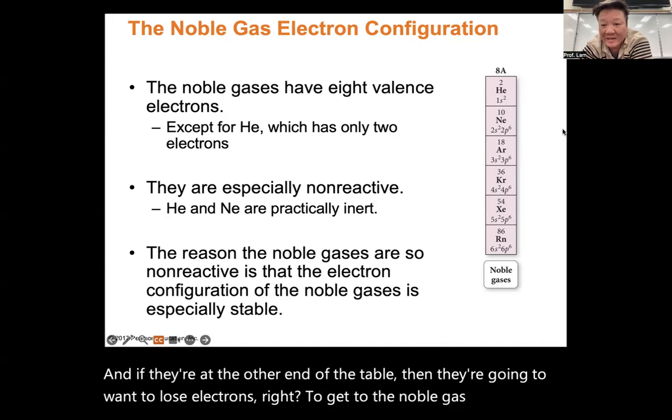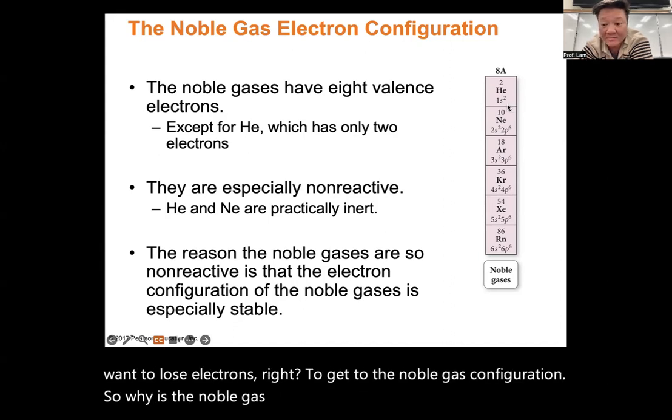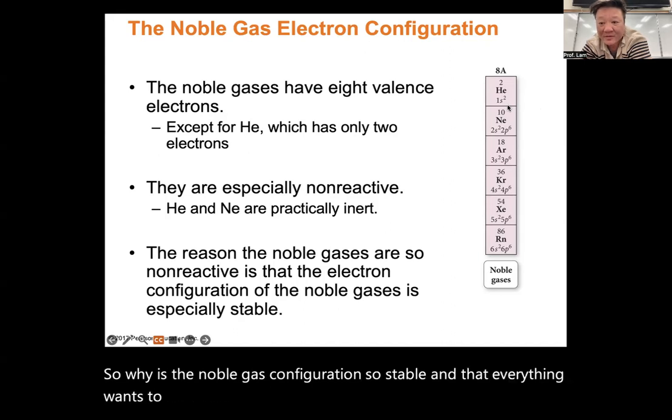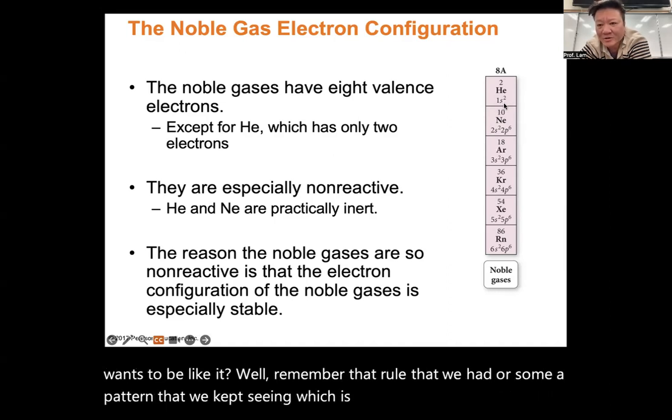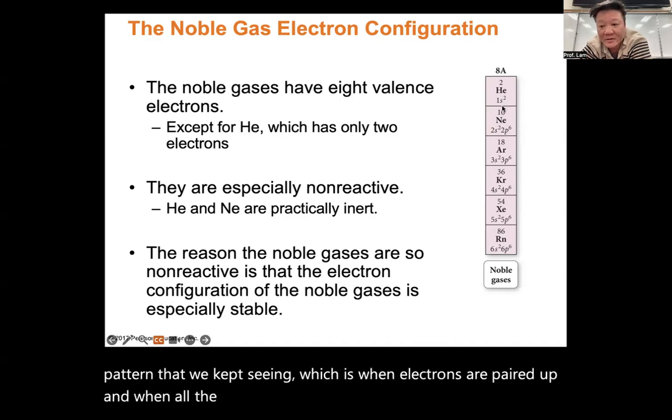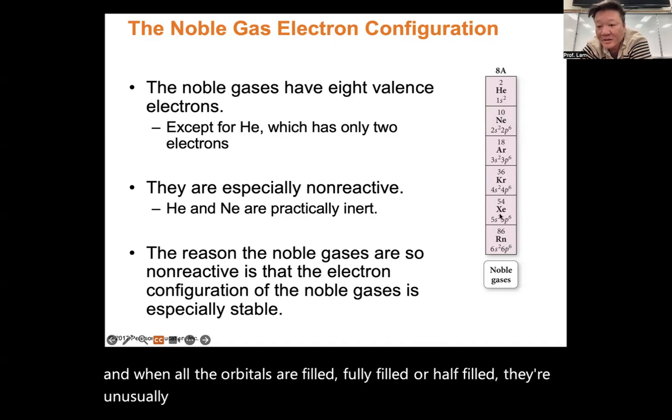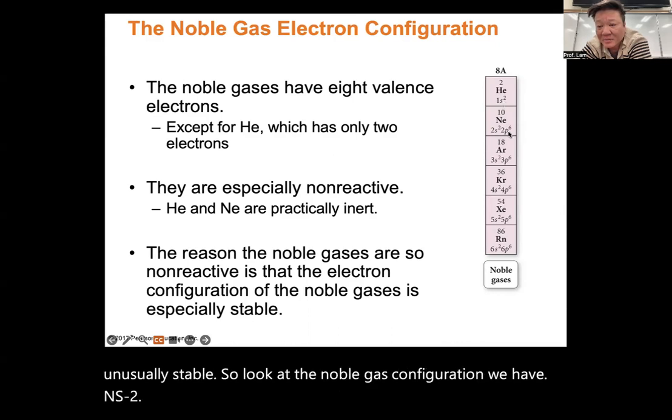So why is the noble gas configuration so stable and why does everything want to be like it? Well, remember that rule, or a pattern that we kept seeing, which is when electrons are paired up and when all the orbitals are fully filled or half filled, they're unusually stable. So look at the noble gas configuration. We have ns2 np6.